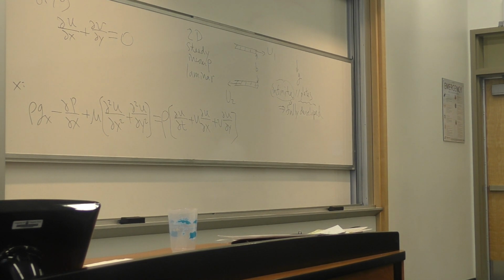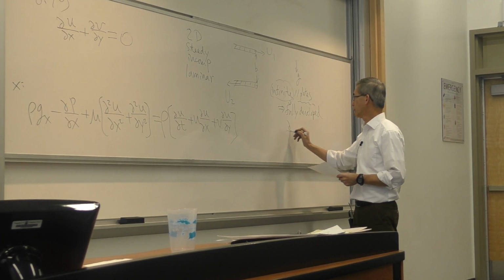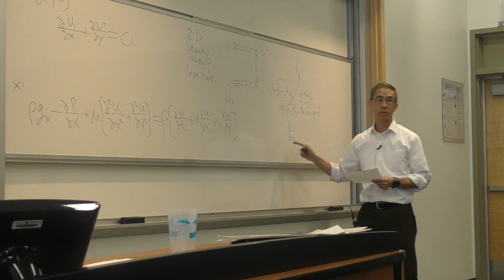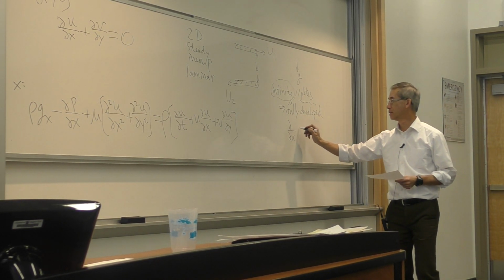And as such, they have to be fully developed. There's no other choice. And that changes the dynamic of the problem as to what you can simplify a lot. For example, fully developed means that everything in the direction of x, in terms of the gradient or the derivative, is always 0.